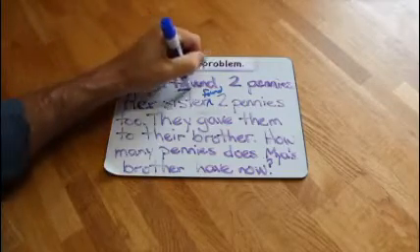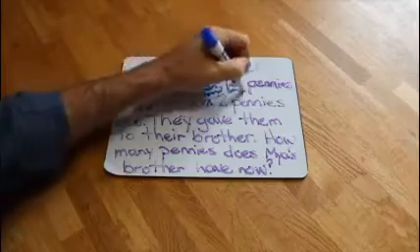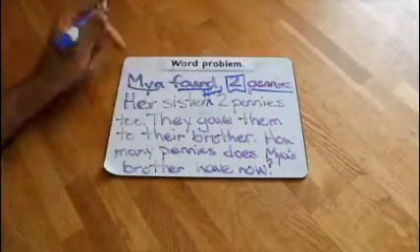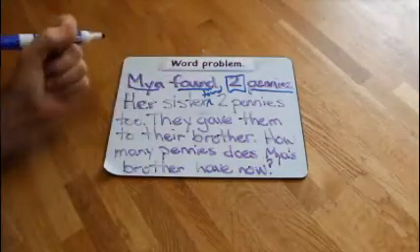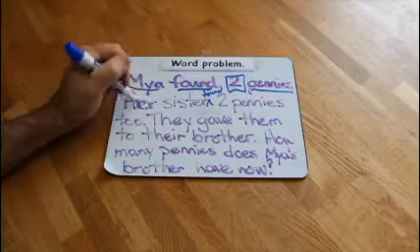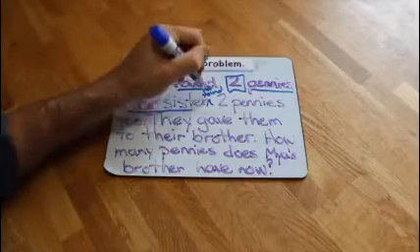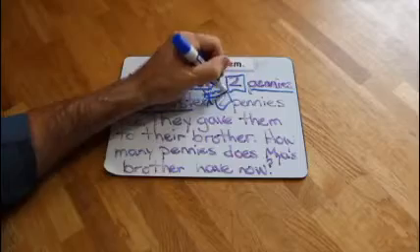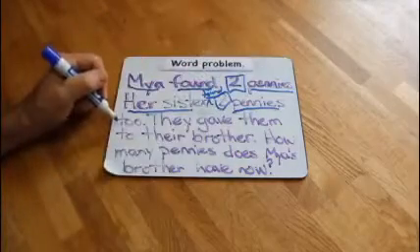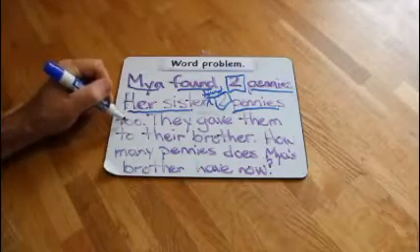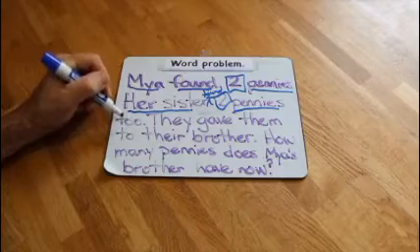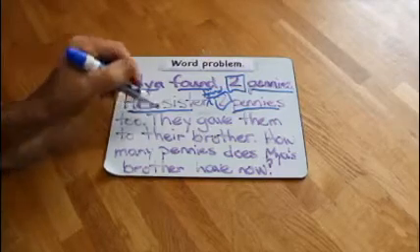Maya found, that means she's got them, 2 pennies. She didn't lose 2 pennies, she found them. She got them. Her sister, her being Maya, her sister found 2 pennies too. Now this 2 does not mean the number 2, it means also. Okay?